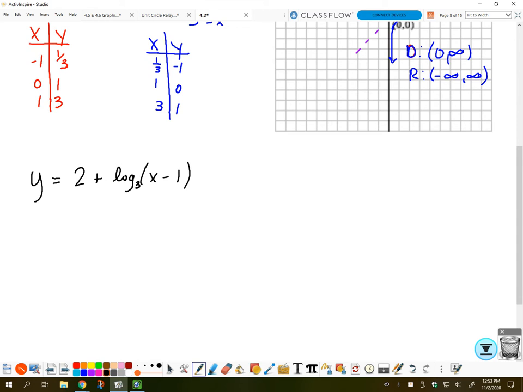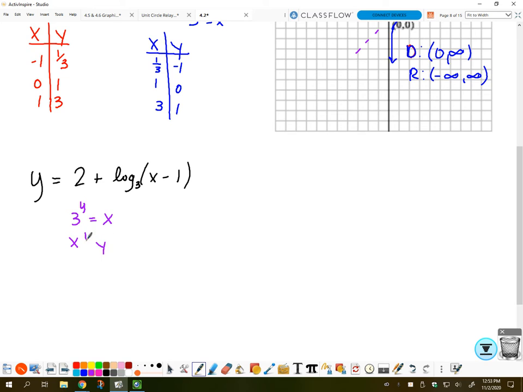All right, so we're going to write it as a basic exponential. So to get our graph, we're going to say 3 to the y equals x. None of the extra numbers are going to go in there.